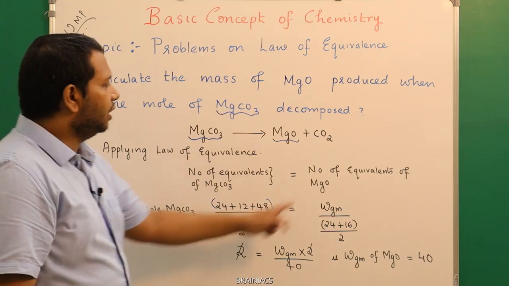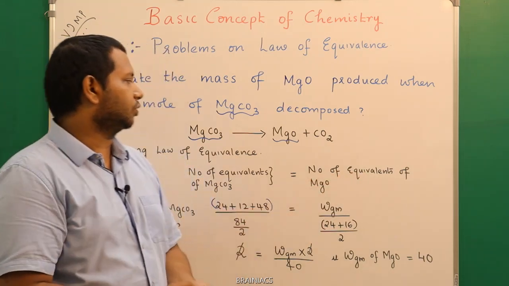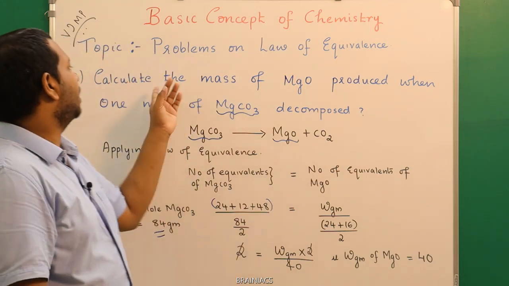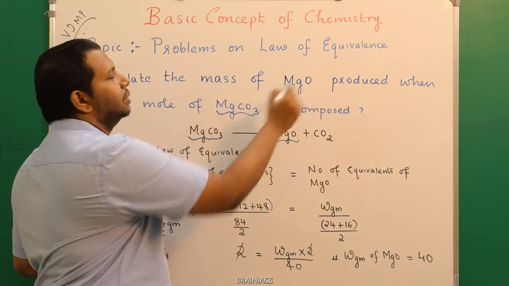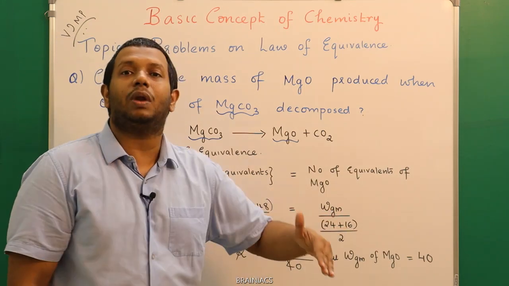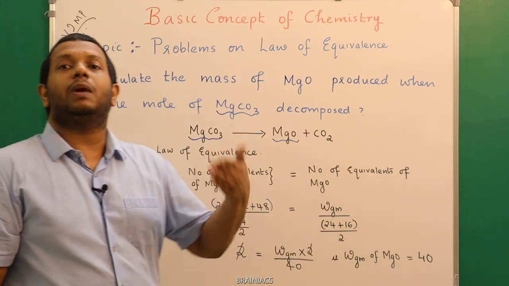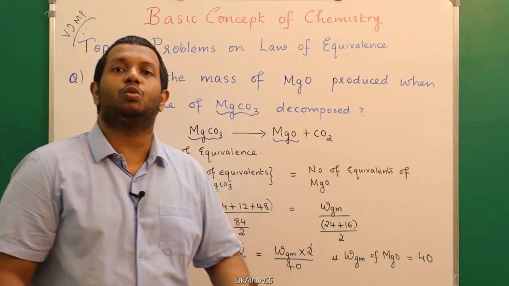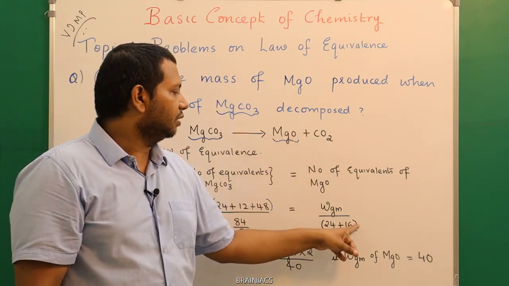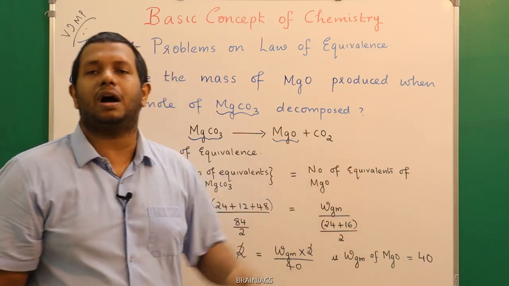Okay. Now here number of equivalents of magnesium oxide. Again weight in gram of the magnesium oxide. That is what they are asking you to calculate, mass of magnesium oxide. So weight in gram of the magnesium oxide divided by equivalent weight of magnesium oxide. Equivalent weight of magnesium oxide is equal to molecular weight, that is magnesium 24 plus 16, divided by.